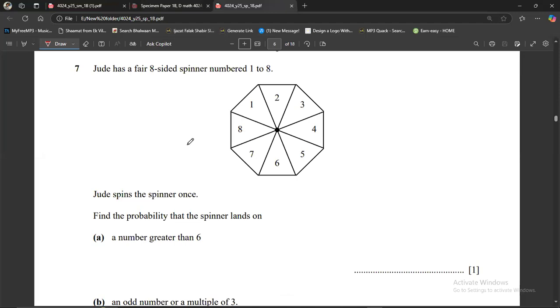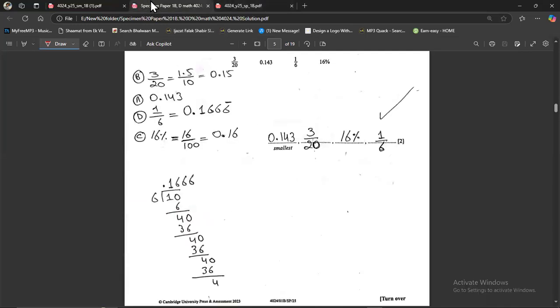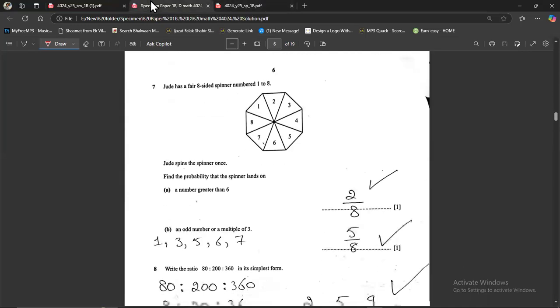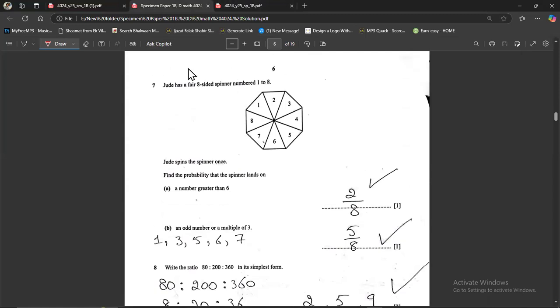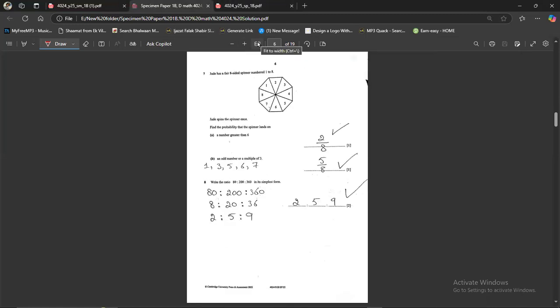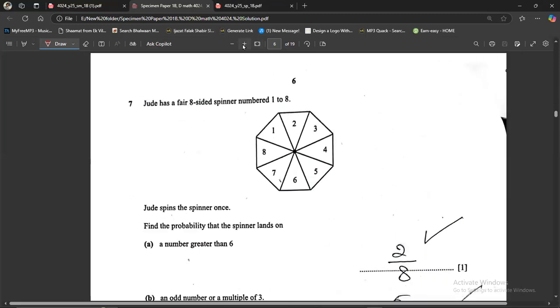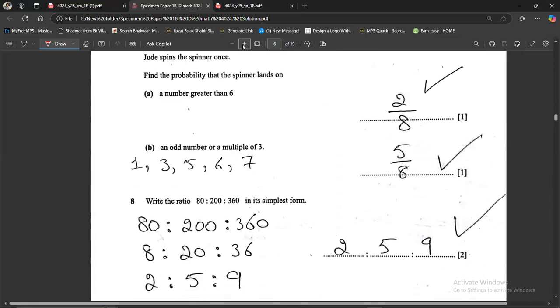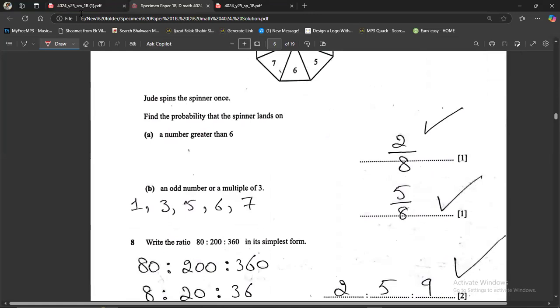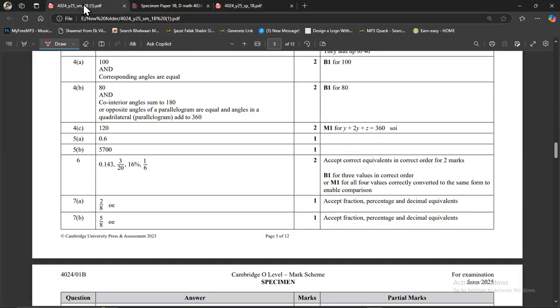So out of the 8, the probability of getting a number greater than 6 will be 2 divided by 8. So this is my answer, 2 by 8. 2 by 8 is the right answer, sir.